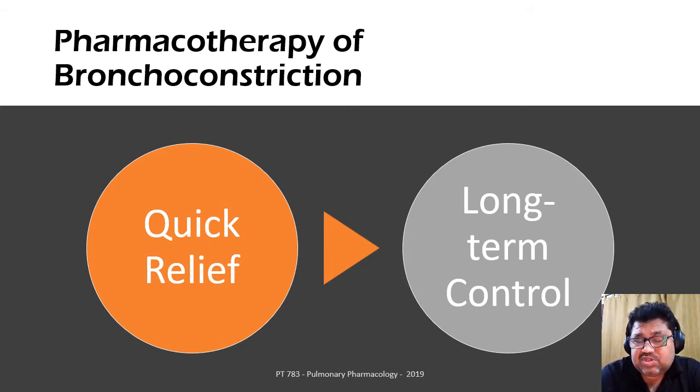That means if a person is gasping for breath because of narrowed airways, it quickly opens it up. And secondly, in reactive airway disease, it helps in controlling the bronchoconstriction over a longer period of time by preventing the mechanisms that lead to bronchoconstriction.